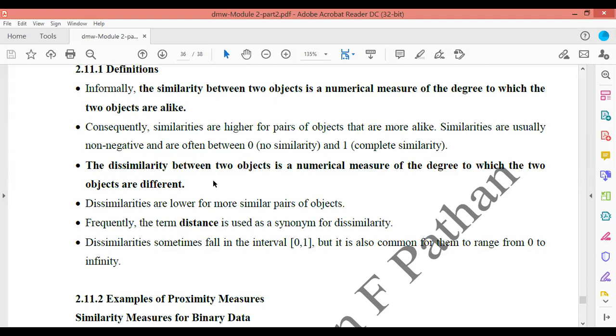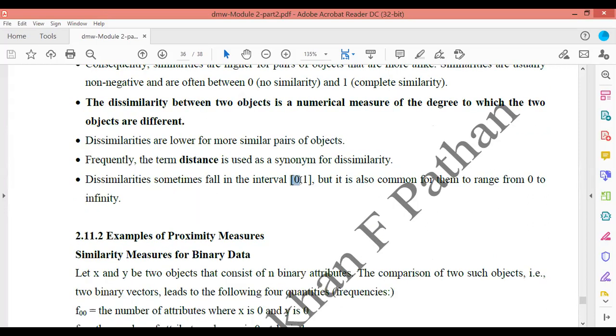It specifies to what extent or degree the two objects are different or dissimilar. That is called the measure of dissimilarity. Again, this value lies between 0 and 1, where 0 stands for highly similar and 1 stands for highly dissimilar.